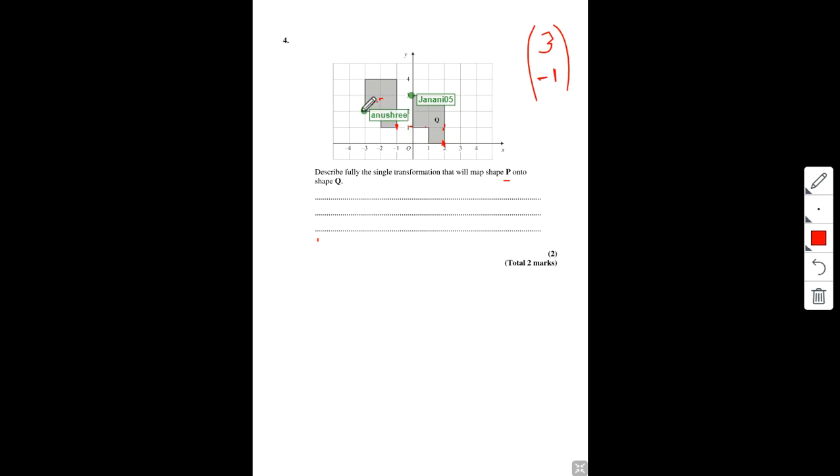If you take this point, its corresponding point is definitely this point. To go there, you travel 3 units and 1 unit downward. So 3, minus 1 is the vector. Is this clear? Okay. Now solve the next one.